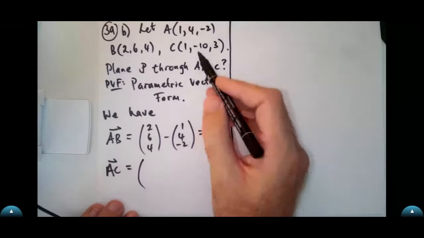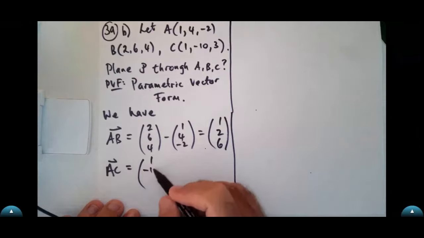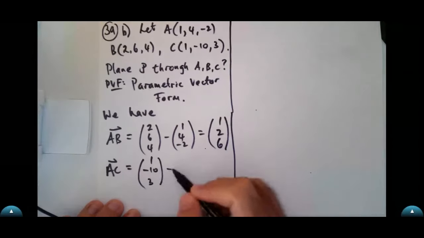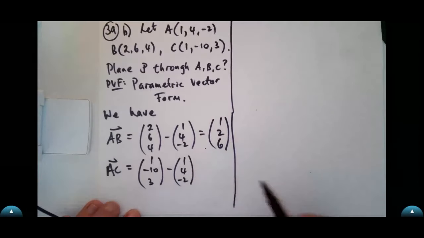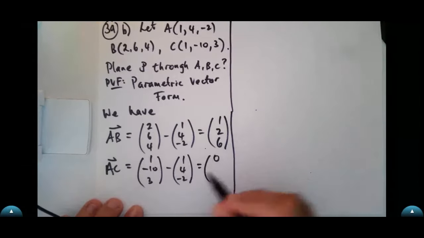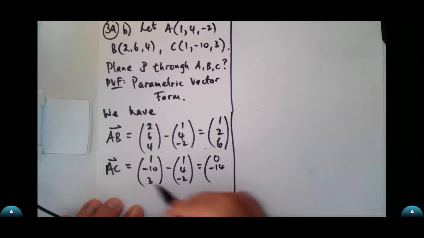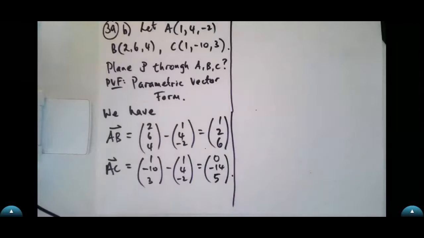So that will be the position vector of C minus the position vector of A. Okay, so work on that again. 1 minus 1, 0, negative 14, and 3 minus negative 2, that'll give you positive 5.